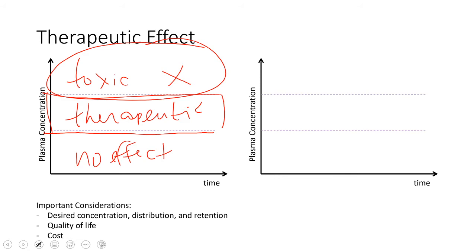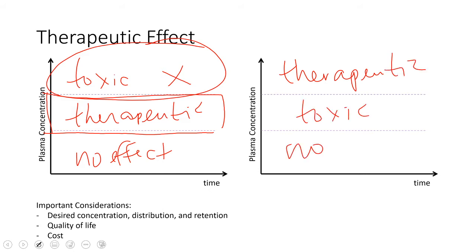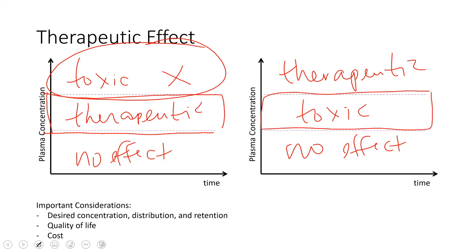But then there are some drugs where the therapeutic effect is above the toxic effect, and then down here, there's no effect. So there is this balance you have to consider of whether these toxic effects are worth getting to the therapeutic effects.